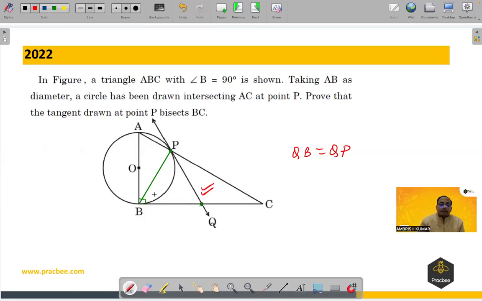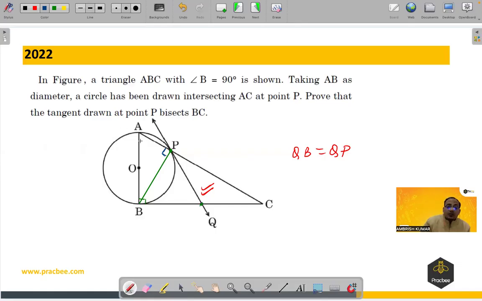So look, actually in this particular case, you join P with B. Clear? So here A to B is the diameter. So it's going to be 90 degree here, right? This is 90 degree.